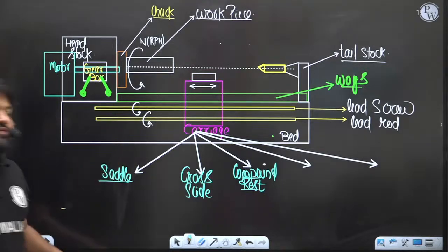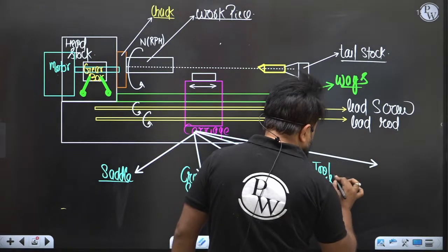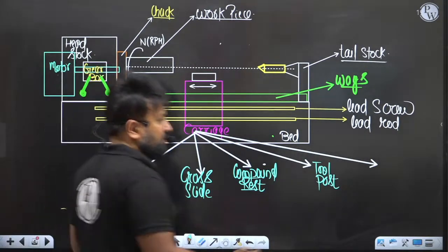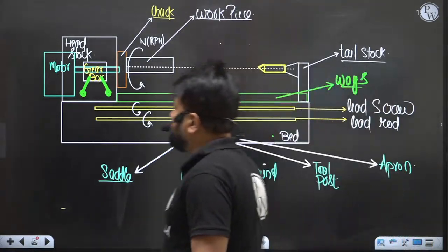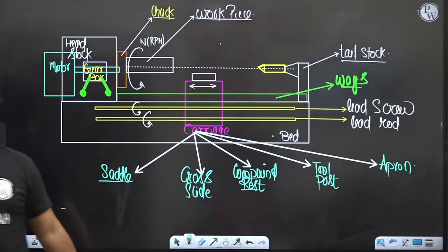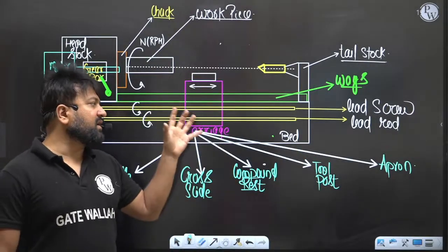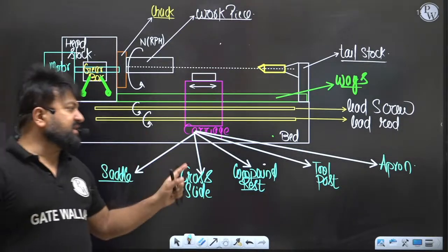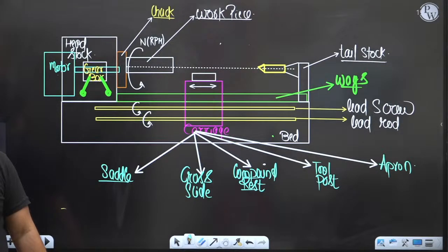Carriage consists of tool post. Carriage consists of apron. So these are the major 5 components of the carriage, my dear, right?